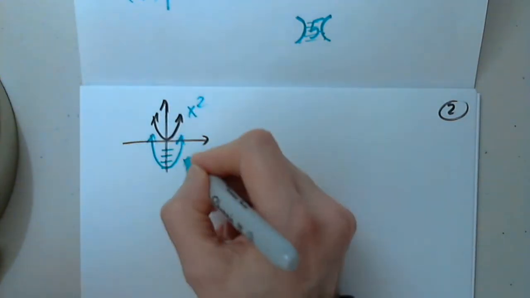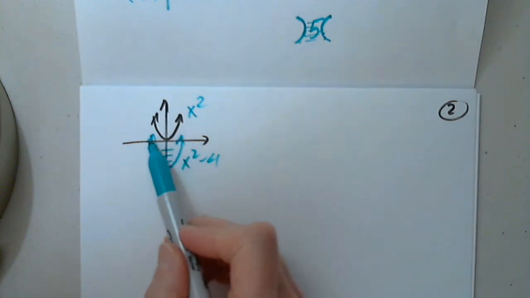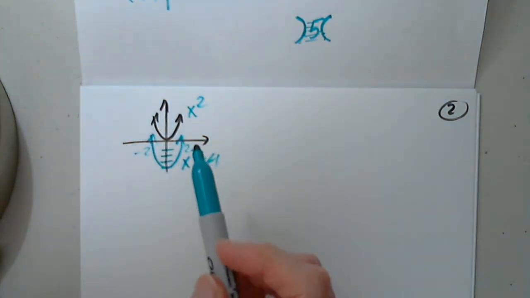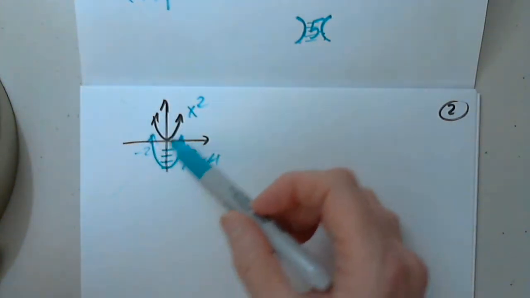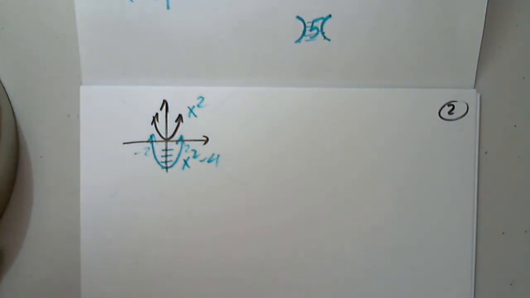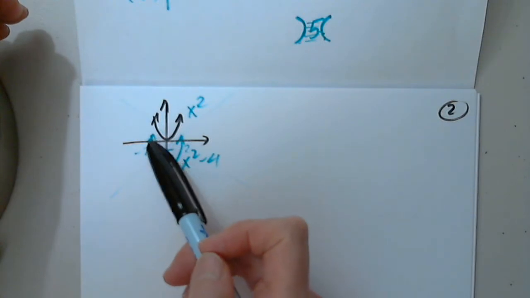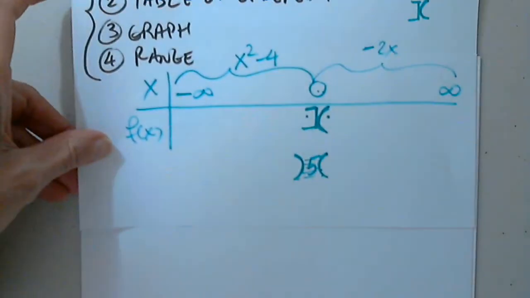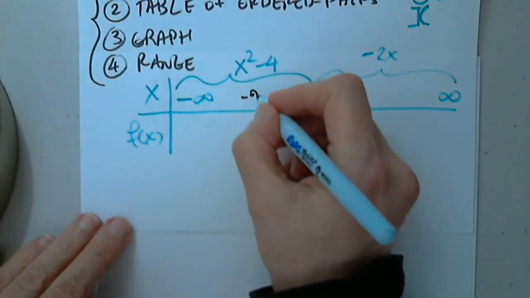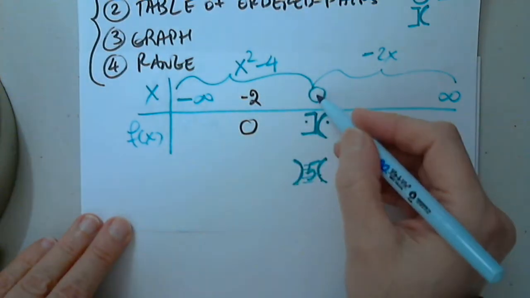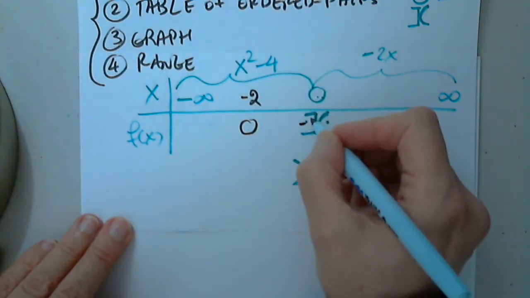So this is x squared, and this is x squared minus 4, and we know that it crosses at negative 2 and 2. But this is not what we're interested in, right? This is not what we are graphing. But what I'm meant to say is that I know that if I plug in negative 2, I get a 0. When I plug in 0, obviously I get negative 4.